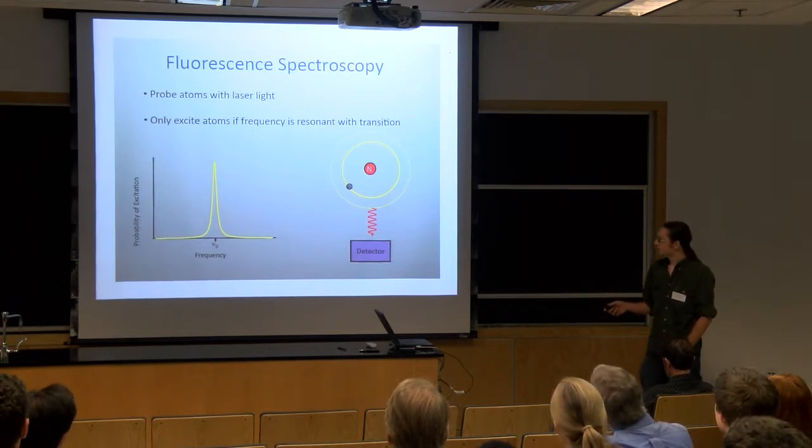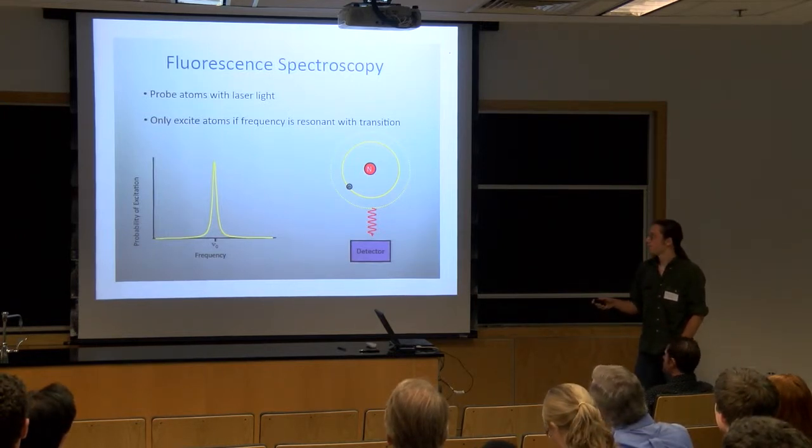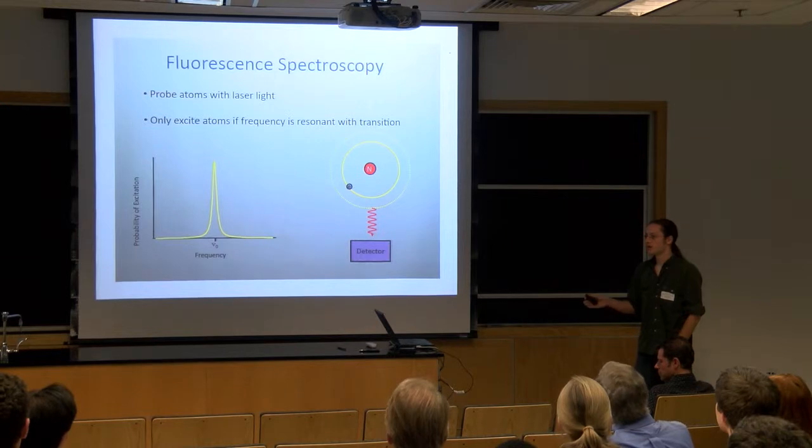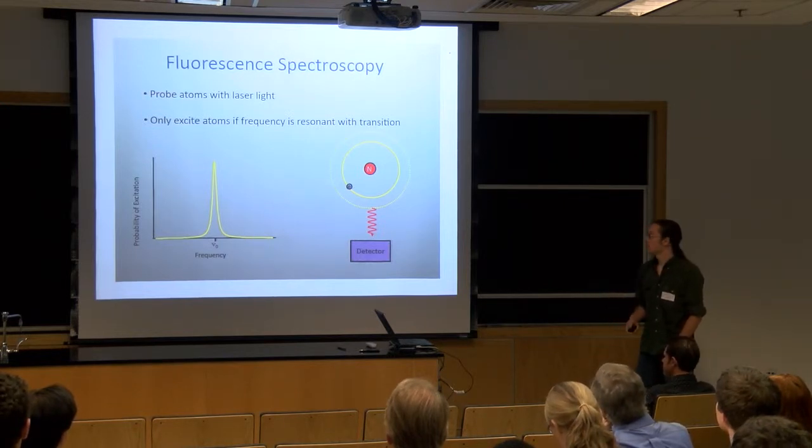Note that the transition is frequency dependent, and so we are scanning the laser over the transition and hope to see these peaks of fluorescence dependent on the frequency of our laser.